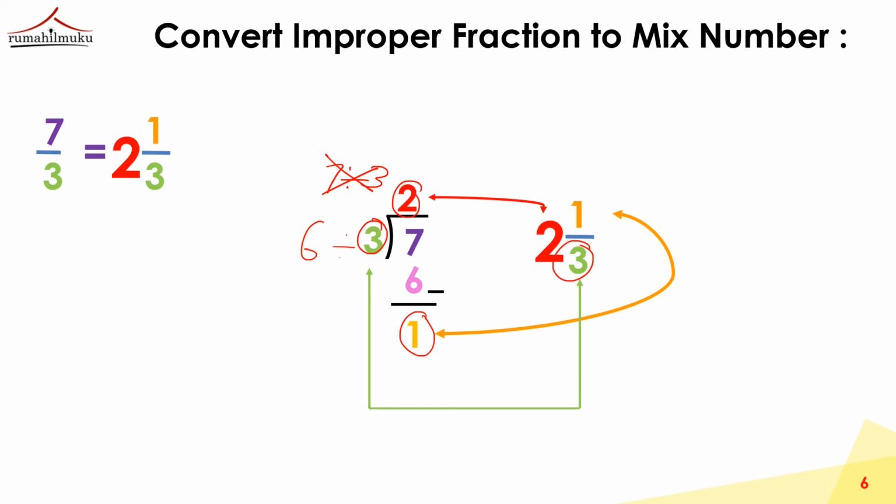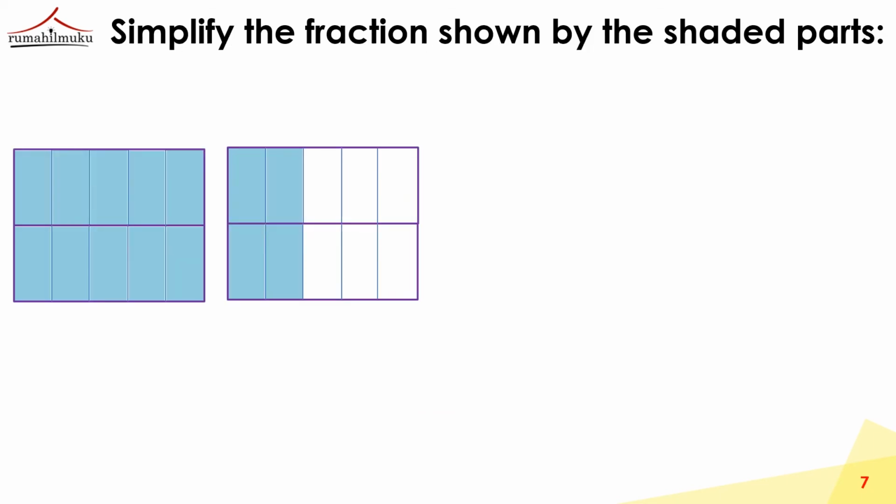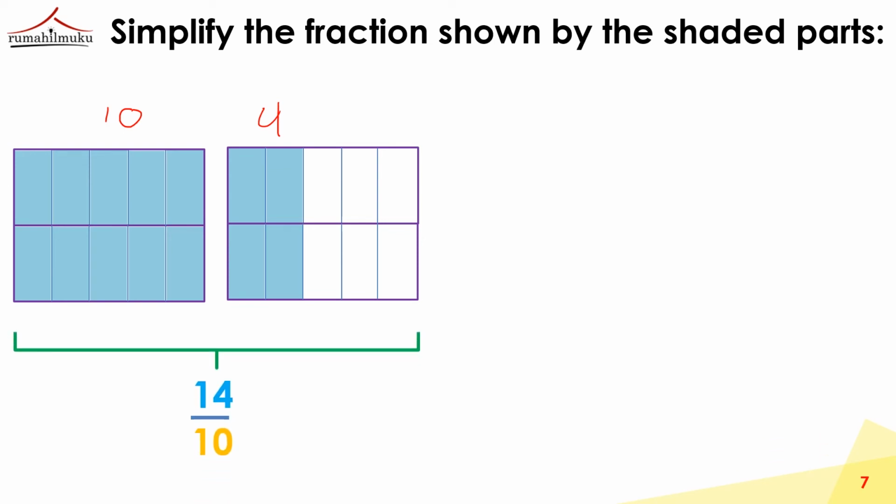Now let's try something different. We have 2 boxes over here, and each box is divided into 10 parts. In the first box, we've shaded 10 parts, and in the second box, we've shaded 4 parts. With these 2 boxes, we can conclude that we have 14 out of 10. To simplify this, we know that both 14 and 10 can be divided by 2.